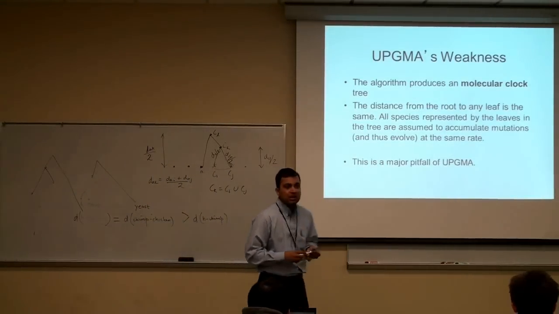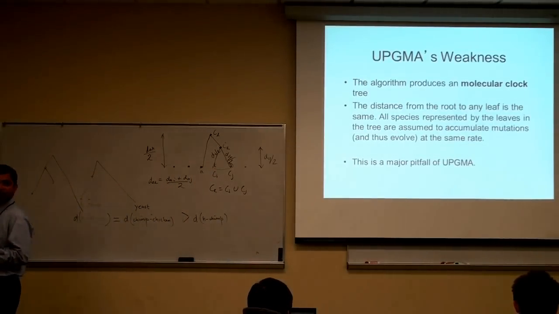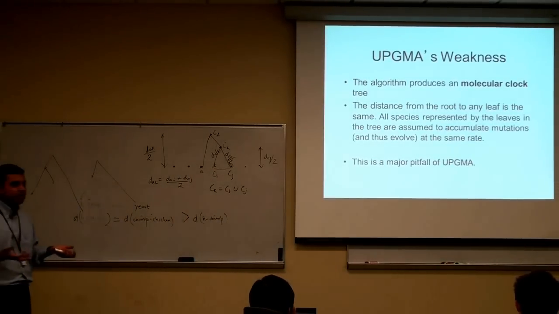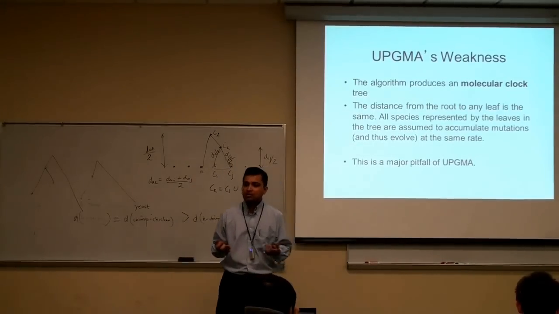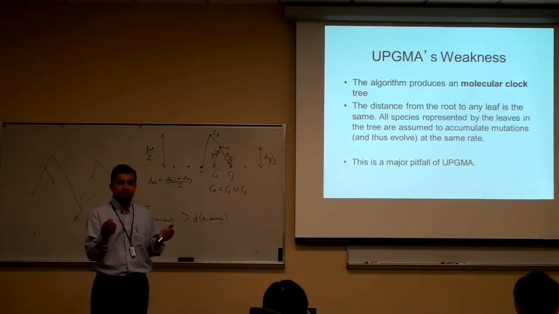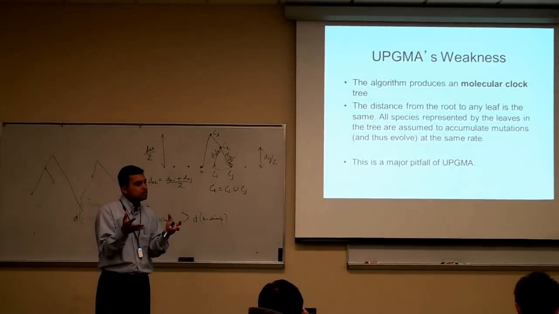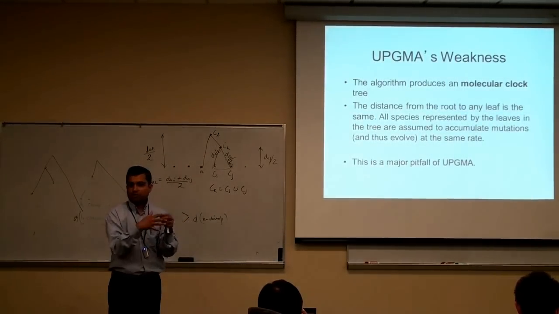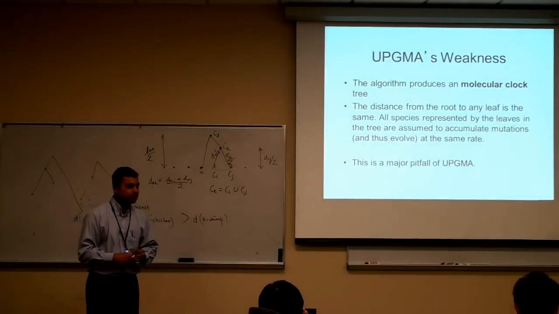And so if the molecular clock is really not true for the species you're looking at or for the data you're looking at, sometimes for the same set of species, if you base the tree on certain genes, the tree will look one way. If you base it on some other genes, it will look different.